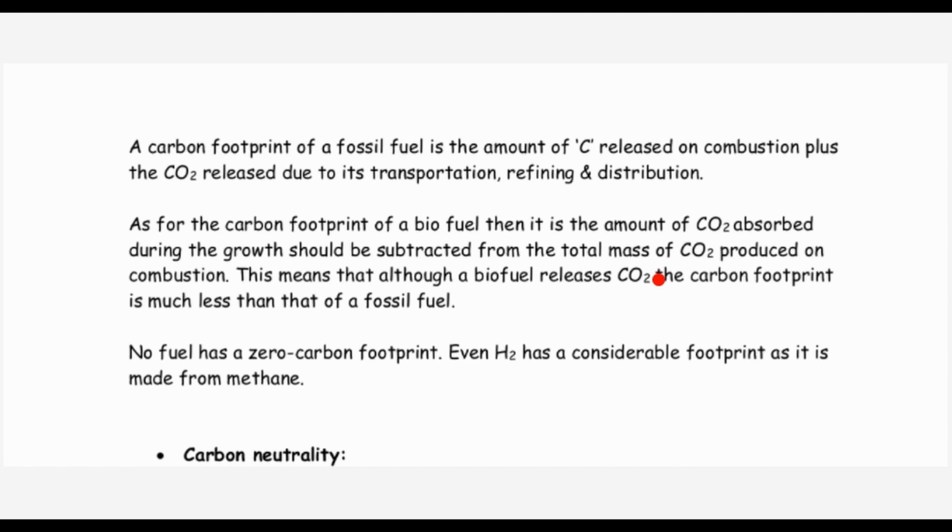So if you take, for example, a biofuel, when the biofuels are made, a certain amount of carbon dioxide is absorbed during the formation of the biofuel. For example, if you take firewood, it's also a fuel. So a certain amount of carbon dioxide is absorbed.